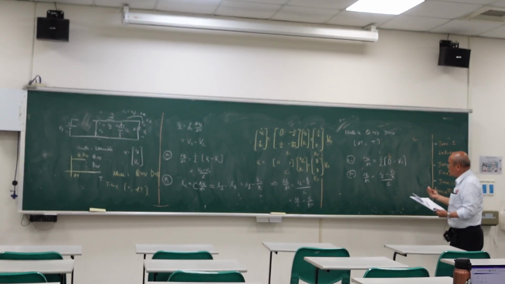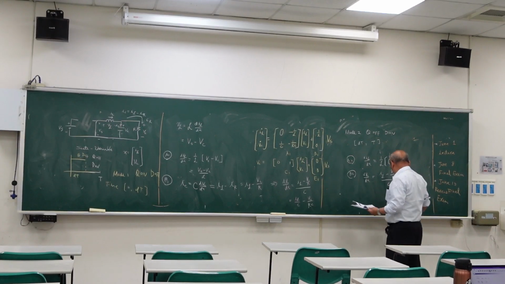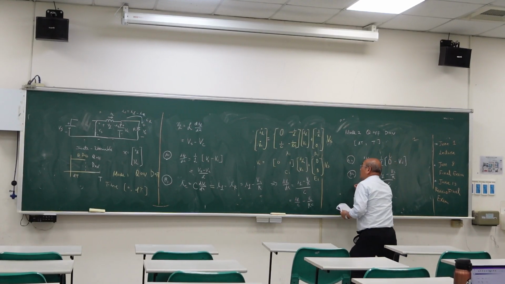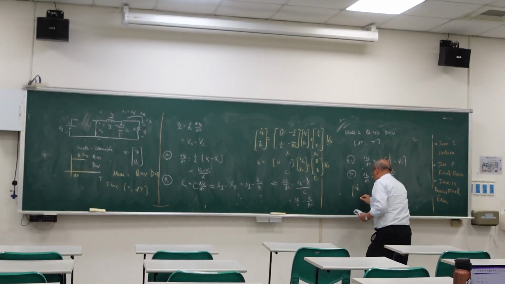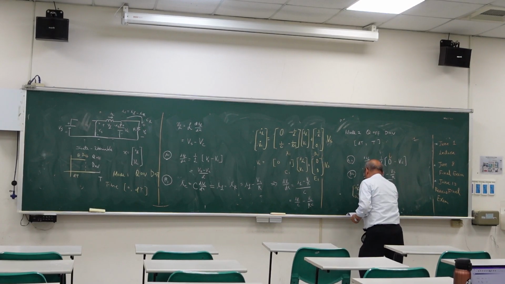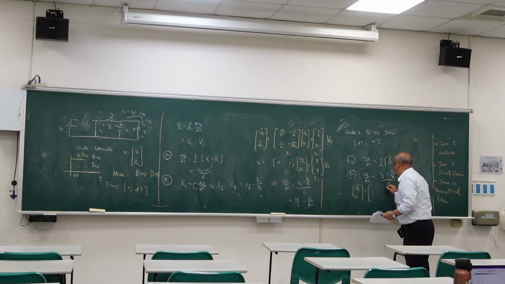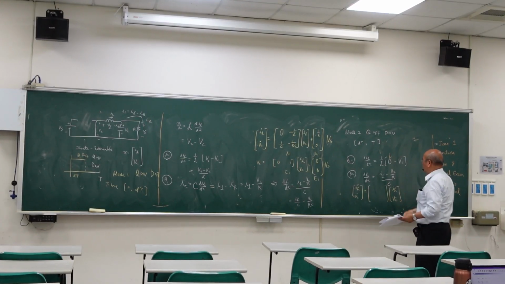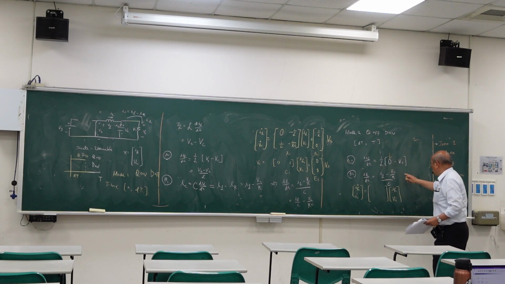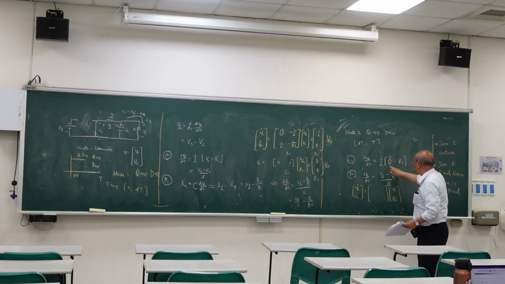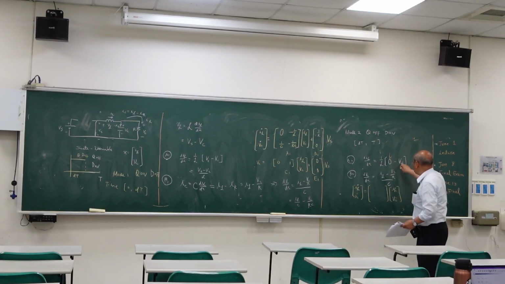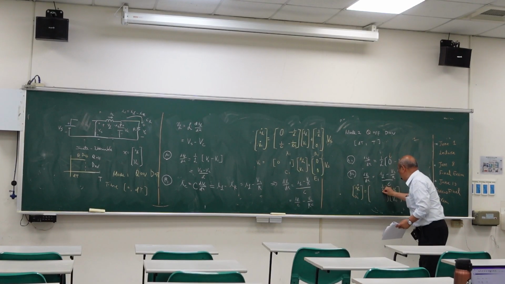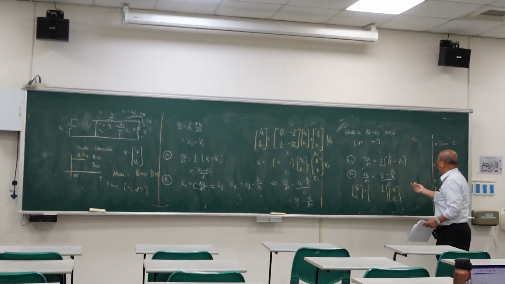So how can we write down this equation? We have IL dot, we have Vc dot, and IL, Vc. So how can we fill in this one? dIL/dt equals minus Vc/L, and then nothing.